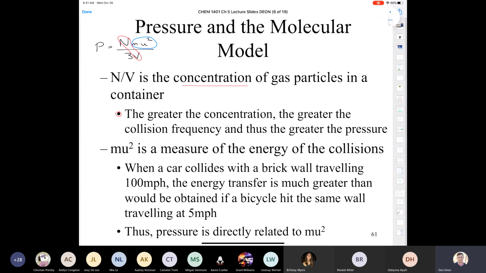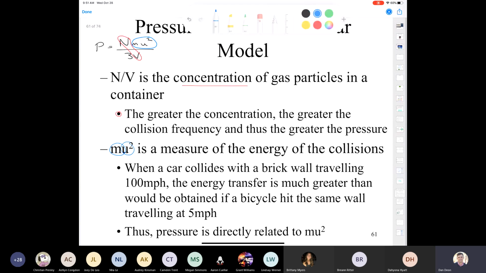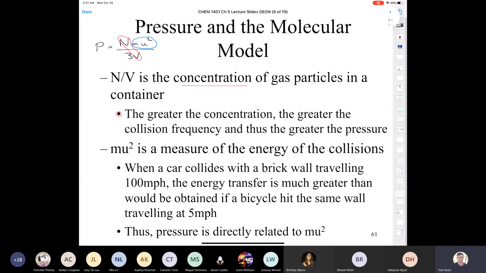But again, the rationale applies. If we think about mass and speed simultaneously in this portion of the equation, if we have a car colliding with a brick wall going at 100 miles per hour, so here we're taking something with a big mass and a big speed, the energy transfer is going to be much greater than if a bicycle hit the same wall going at 5 miles an hour, something with a smaller mass and a lower speed. So here again, you can see that pressure is directly related to mass times the root mean square speed.